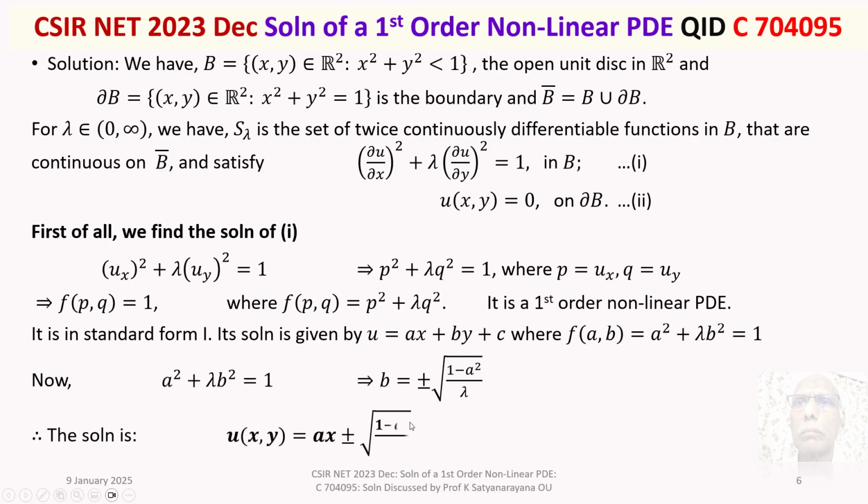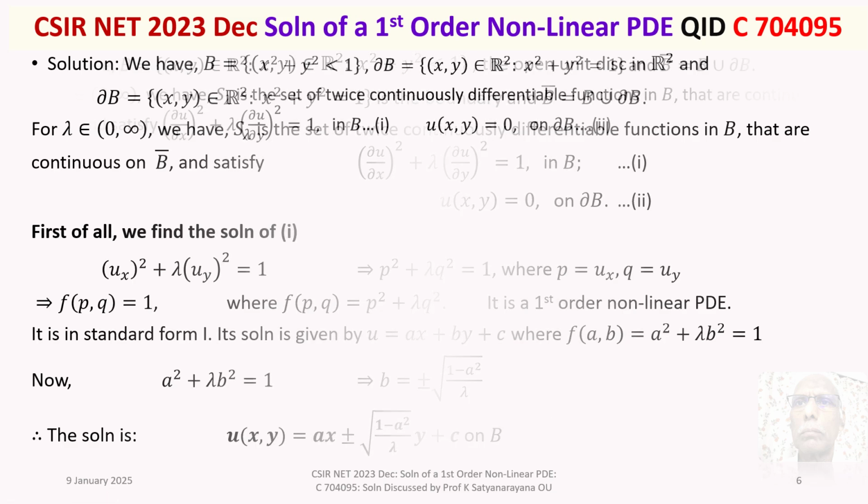Then the solution is u of (x, y) equal to ax plus or minus the square root of (1 minus a square) by lambda, that is b, into y plus c. This is on B, because we have solved that equation on B. Agreed. We continue in the next slide.